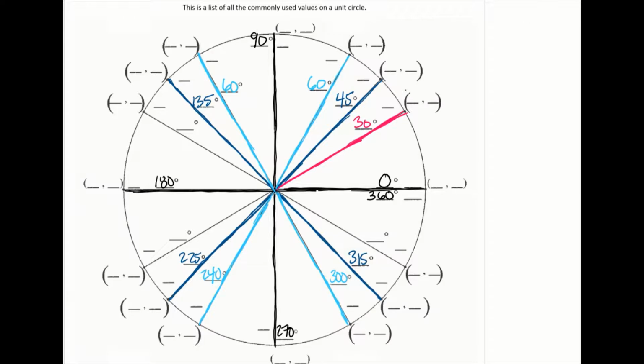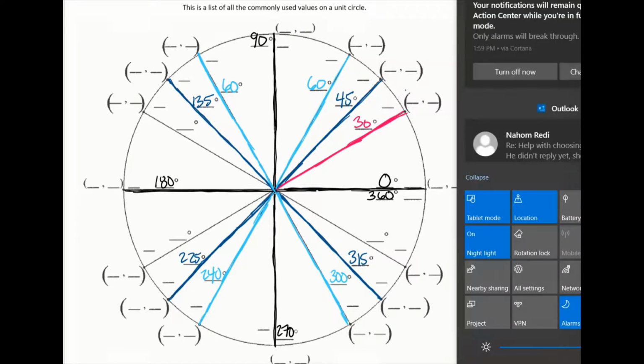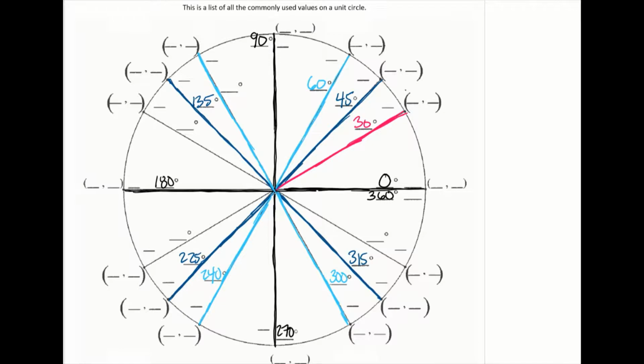So then this is 30, plus 30 is 60, 60 plus 30 is 90, 90 plus 30, oh, I did 60 here again. So that's going to be 120. Right? 90 plus 30 is 120.